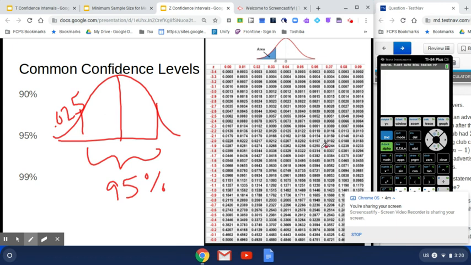If I look, I see that number exactly on the chart. The z-value that's associated with that is negative 1.96. So my critical values would be positive or negative 1.96.